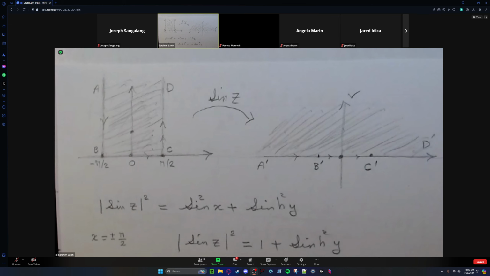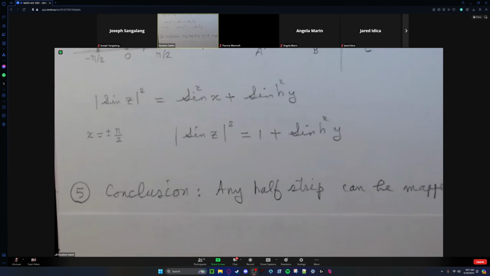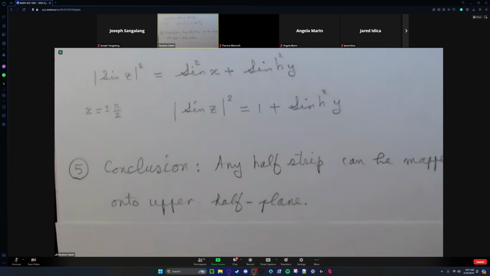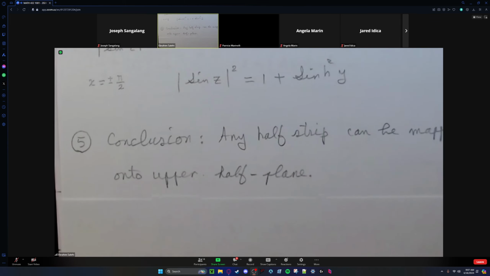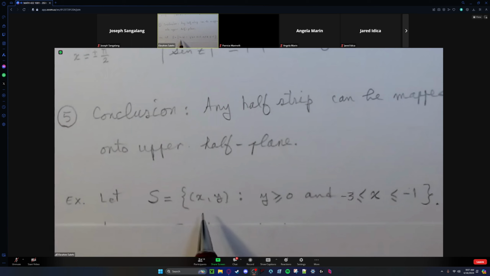But what if we have another type of half a strip, which is parallel to x-axis or y-axis? Can that be mapped into upper half plane? Of course it can, right? Of course it can. Here's an example. Let's look at the set of all points in the plane.